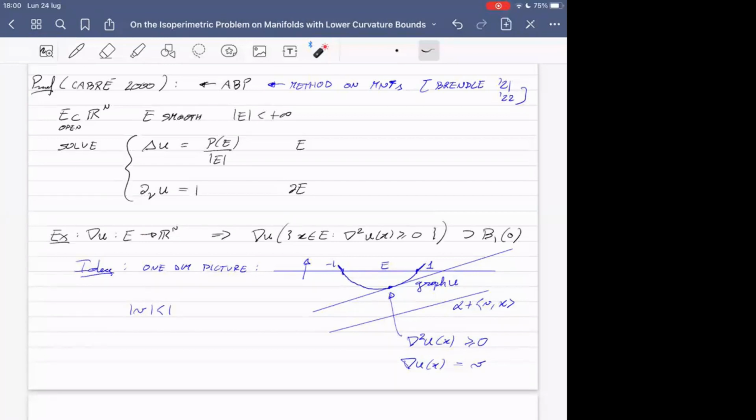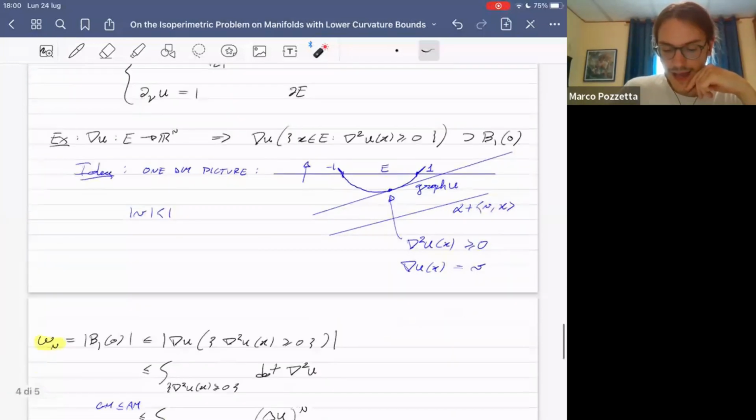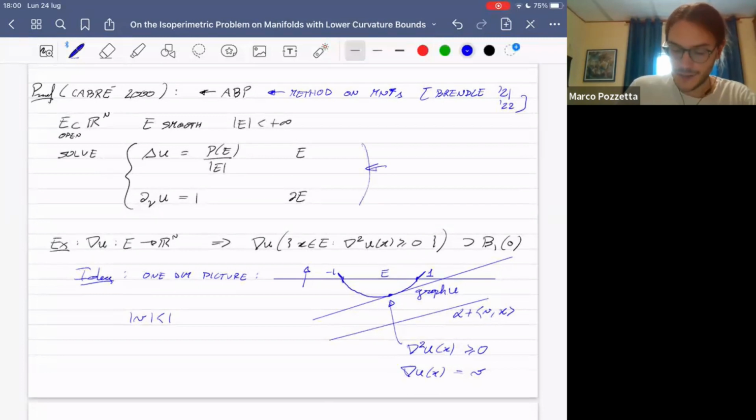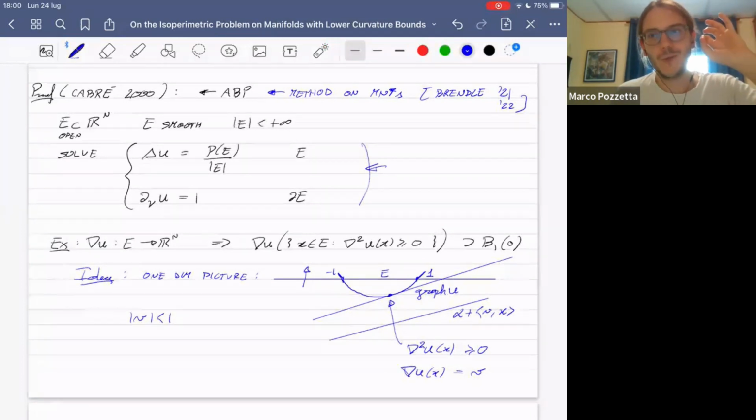So here for the proof of Cabré, can you also prove equality using this ABP method? Yes, you can, because precisely the idea is, ask yourself, what is the solution if E is the ball? The problem here is that, as in optimal transport theory, you need to guess what you expect will be the isoperimetric set. So my guess is that it will be the ball.